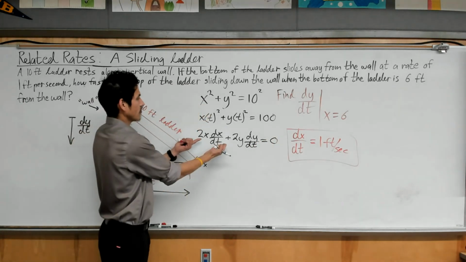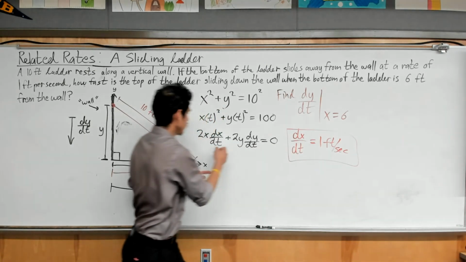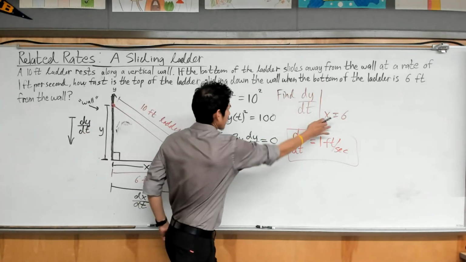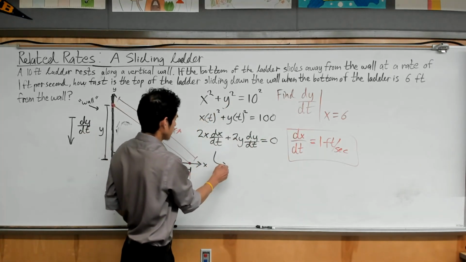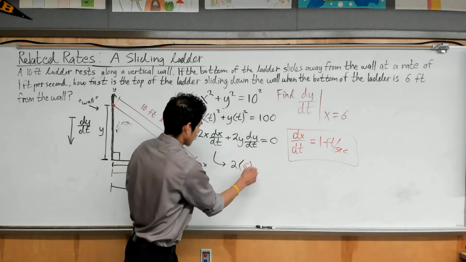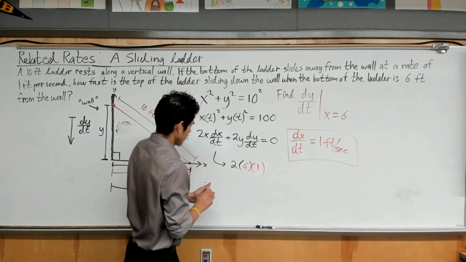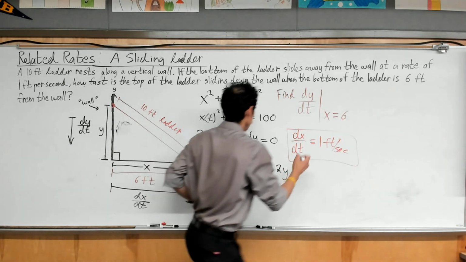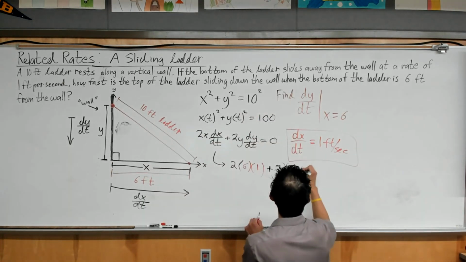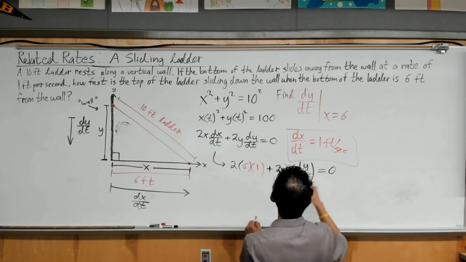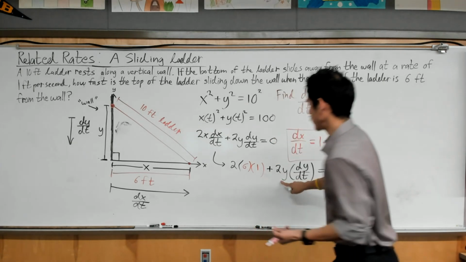Now we just have to solve this, because we're given 1 for dx/dt and 6 for x. So this becomes 2 times 6 times 1 plus 2y dy/dt equal to 0.